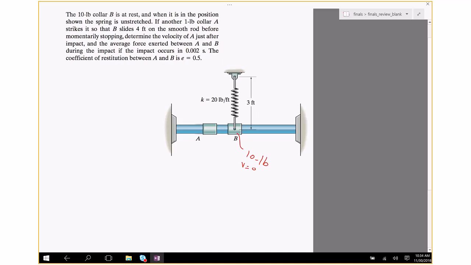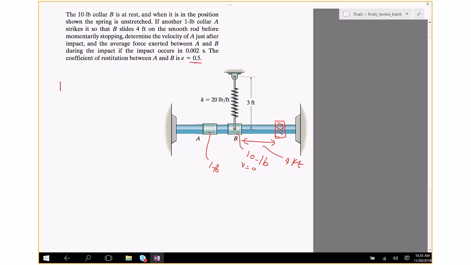If another 1 pound collar A strikes it so that B slides 4 feet, determine the velocity of A just after impact and the average force exerted between A and B during impact if the impact occurs in 0.002 seconds. The coefficient of restitution is 0.5.